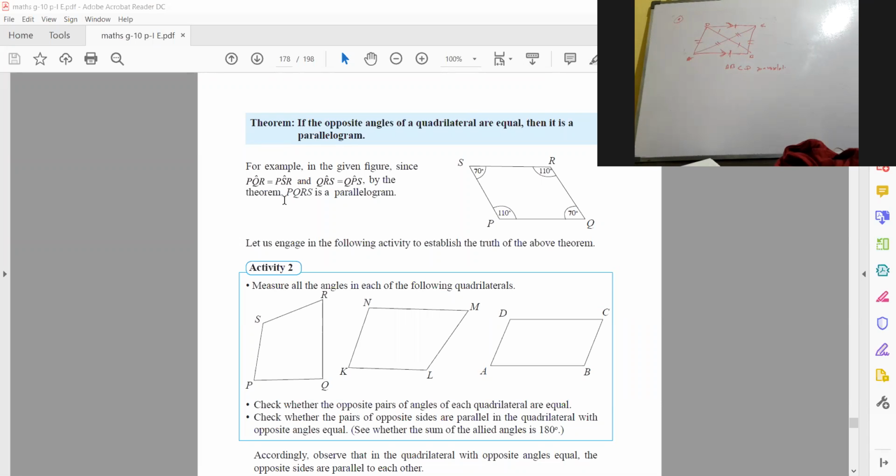Those are the four properties. These theorems, it is good if you can learn them by heart. So when you look at a diagram in a question paper, you can easily identify parallelograms in it. So you can use the other properties of the parallelograms and solve the questions, right?